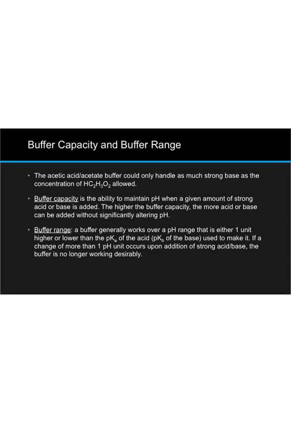We say that the buffer capacity of a buffer system is the ability to maintain a more or less constant pH when a given amount of strong acid or base is added. The higher the buffer capacity, the more outside strong acid or strong base that we can add without significantly changing the pH. A significant change in pH is a difference of plus or minus 1 pH unit.